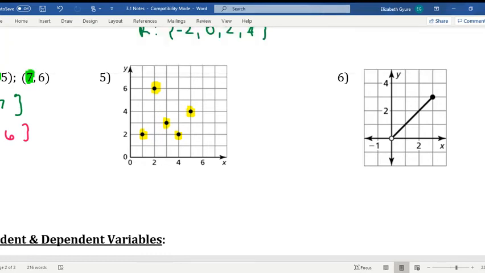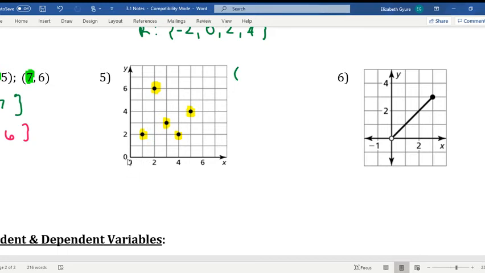All right. What was this first coordinate point? This one here. It goes right 1, and then up 2.